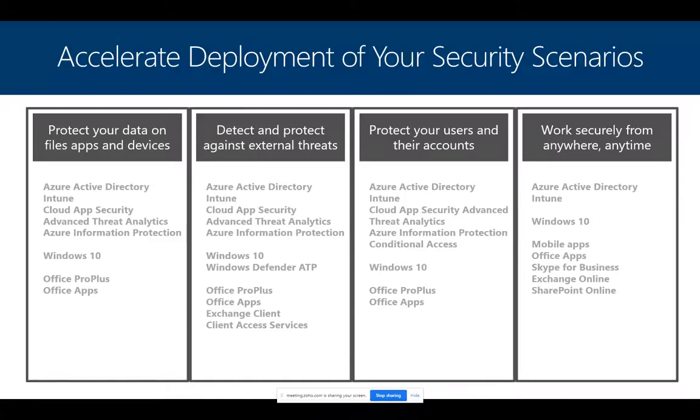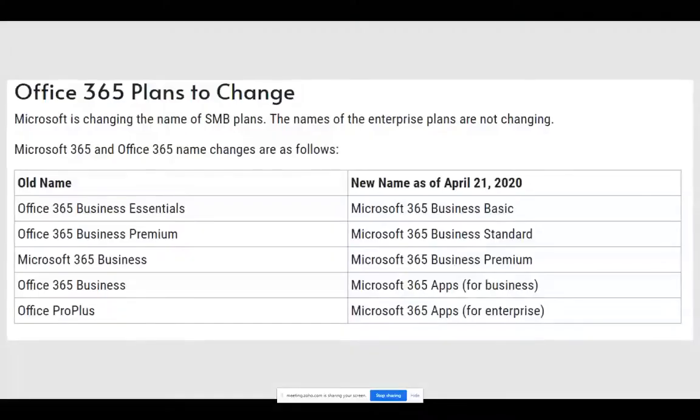If I take this further over here, what we need to understand is that my Office 365 plans have now changed to Microsoft 365 plans right from last April. So we have our Office 365 Business Essentials, which became Business Basic, which gives only web-based applications, right?